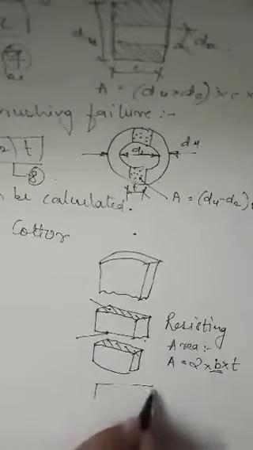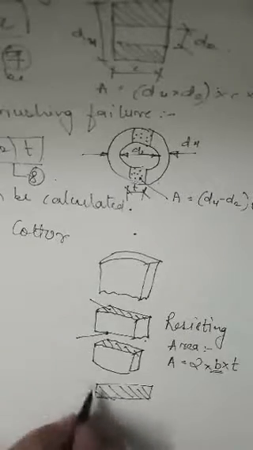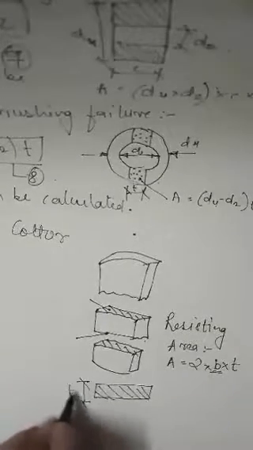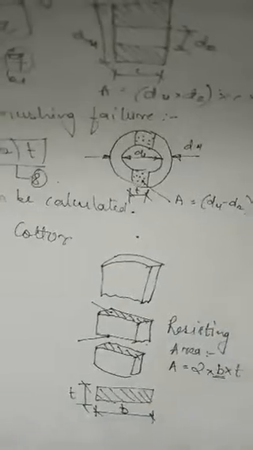For 2D we will consider somewhat like this, where its thickness will be T and the mean width as B.